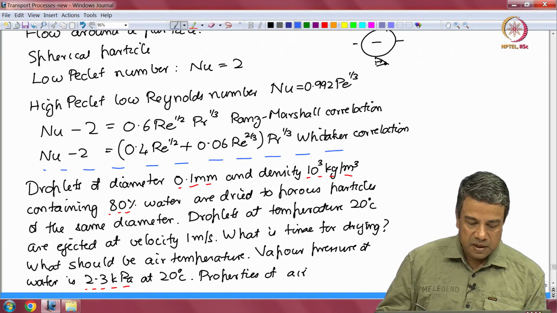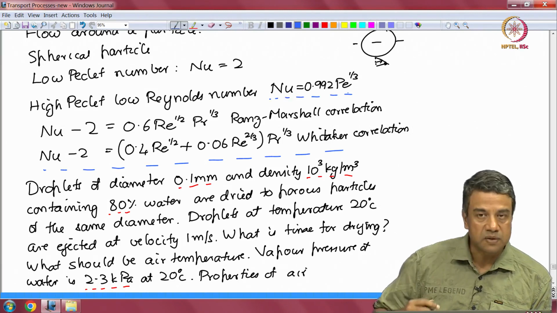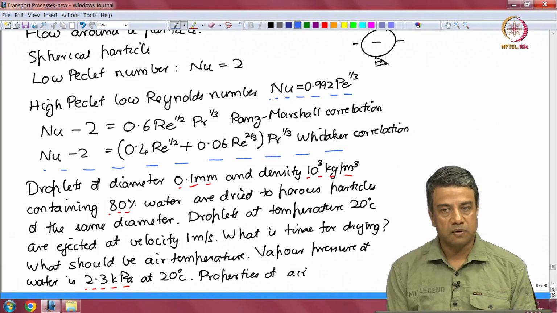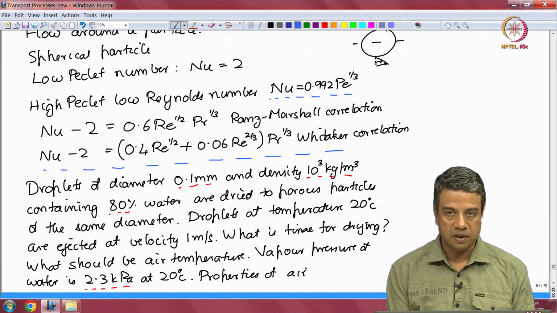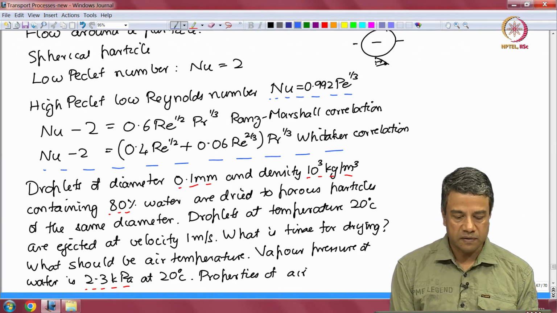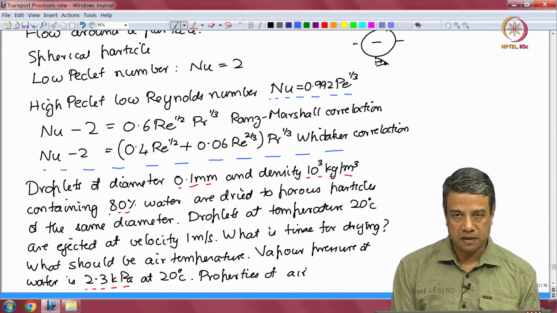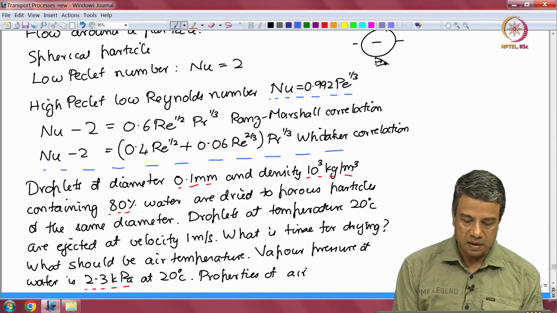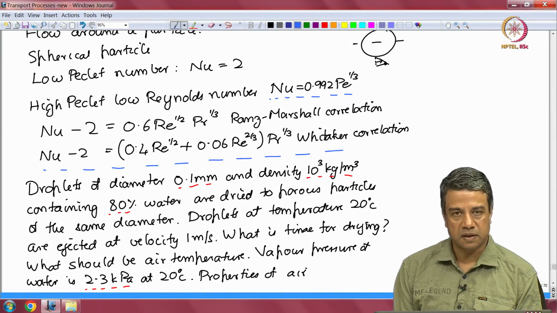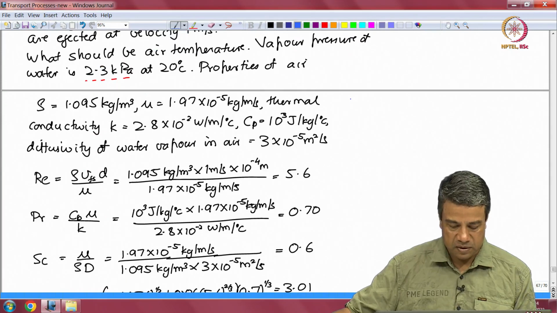If you look at the high Peclet number, low Reynolds number limit, you can actually derive a correlation which once again is the Peclet number to the 1/3 power, okay, it does not depend on the Reynolds number. But in a uniform approximation over a range of Reynolds and Prandtl numbers are the Ranz-Marshall and the Whitaker correlations. And I had also given you some examples of how these are used, okay.